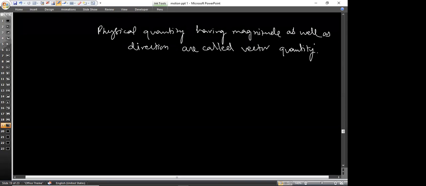Okay, so I'm going to give you an example. Most physical quantities have direction and magnitude. But let's take the example of current. Say this is a wire, and these are the electrons, and the direction is arbitrarily chosen.